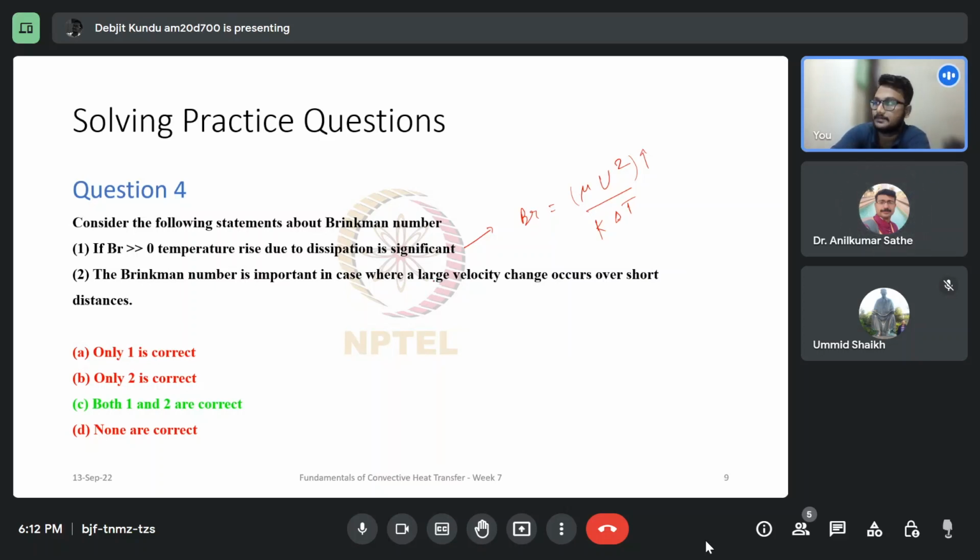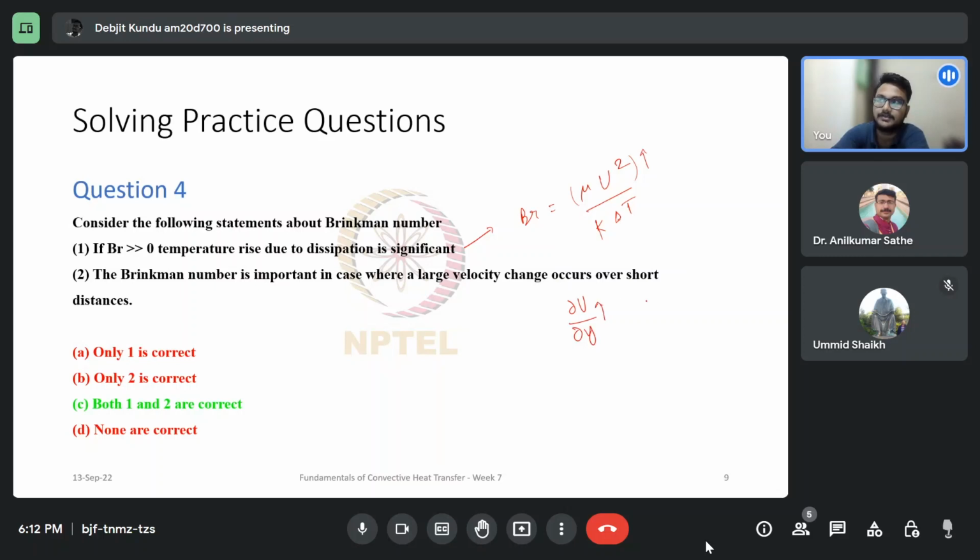And similarly, the Brinkman number is important in a case where large velocity change occurs over short distances. So this statement is also conveying a similar argument that large velocity change over short distance means the gradient is high.